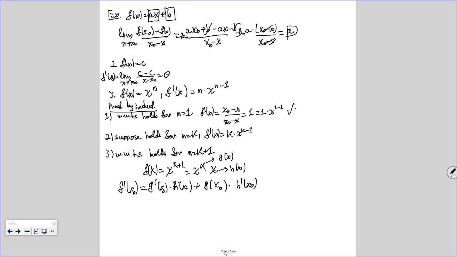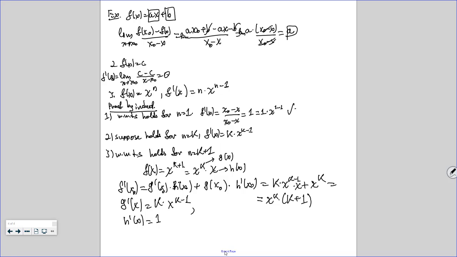Now we know that the derivative of x^k is k times x^(k minus 1). This is from step 2. And from step 1 we know that the derivative of x is 1. So we get this is equal to k times x^(k minus 1) times x plus x^k, which is equal to x^k times (k plus 1), which is what we wanted to prove. Then from induction we have that f prime x is equal to n times x^(n minus 1).